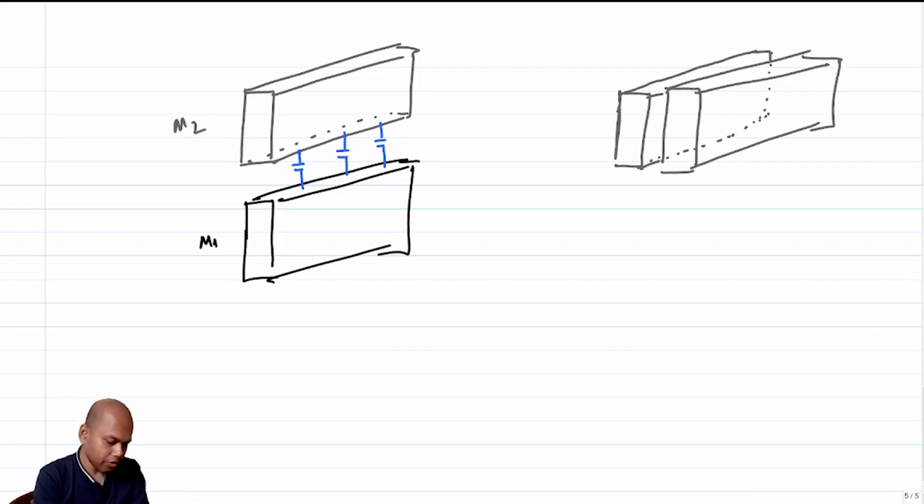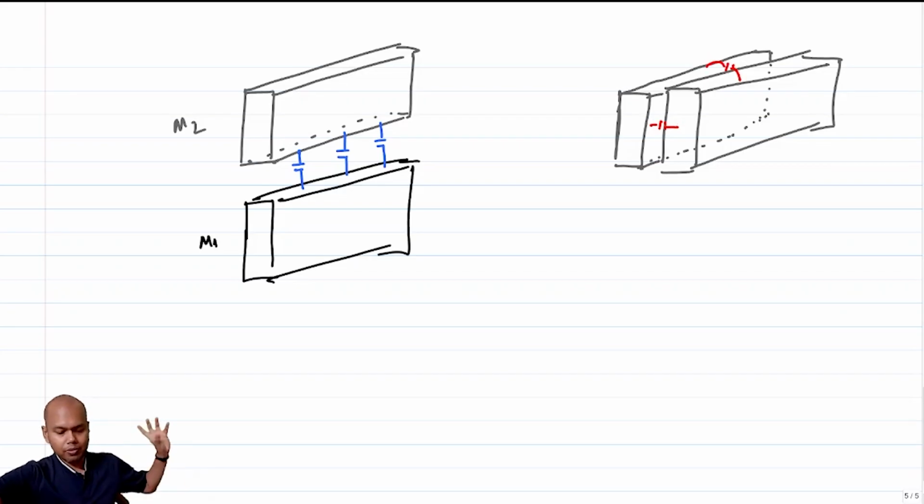Correct? If they are sufficiently close, you are obviously going to have capacitance between these two plates, and if they are elongated, you can get a lot of sidewall capacitance, right?